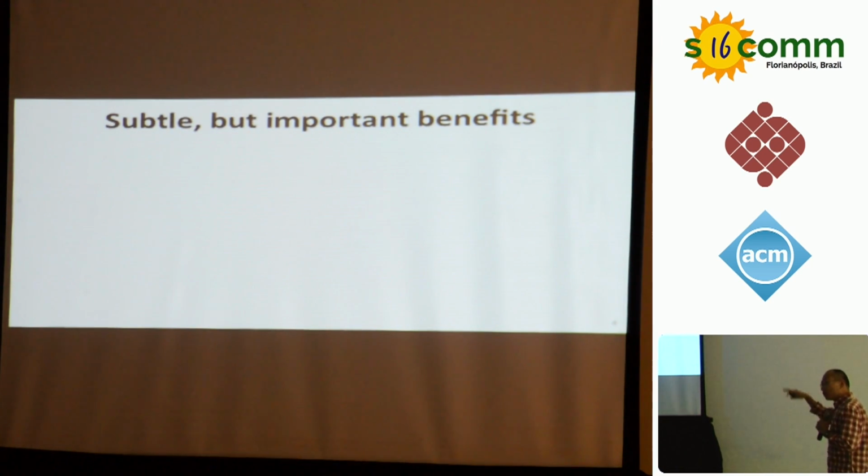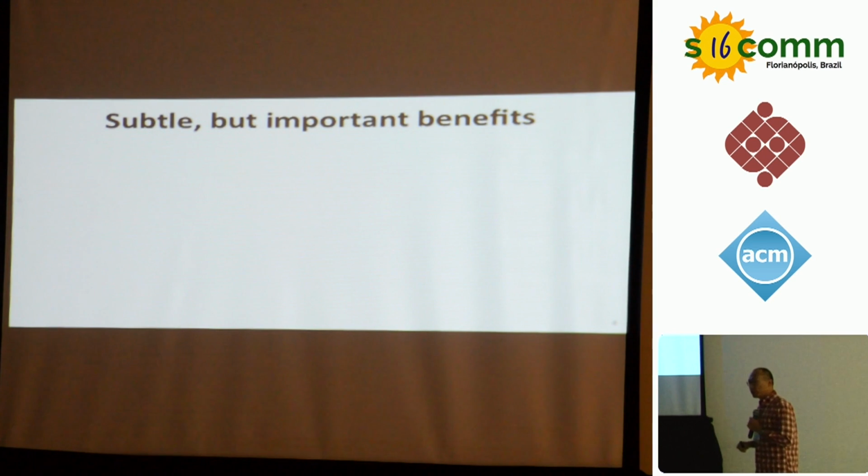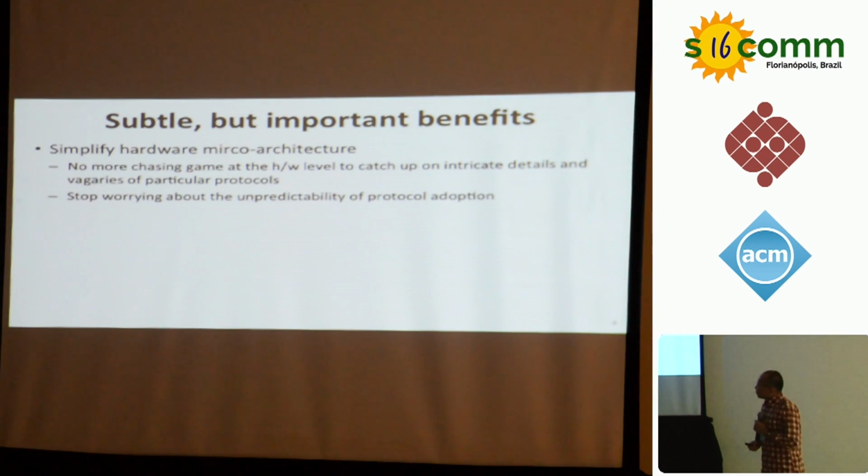So you might have heard these benefits maybe a few times, but there are a couple other subtle but still important benefits. So I just wanted to emphasize those two things here. The first benefit is actually mainly for the silicon vendors. If you imagine that you're actually developing either an FPGA or ASIC for networking systems, now your hardware engineers and architects don't need to worry about particular protocols.